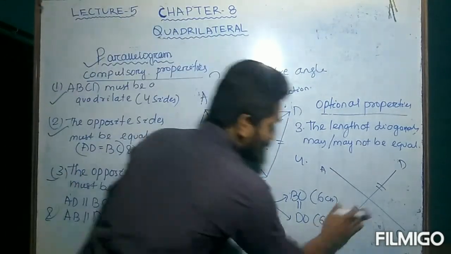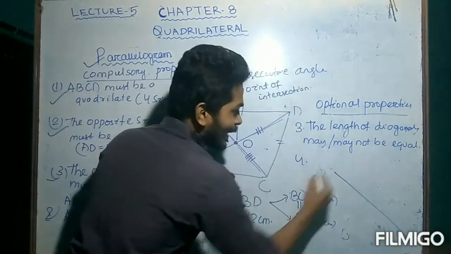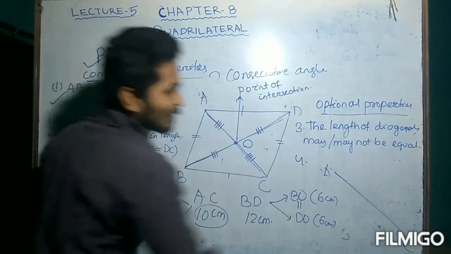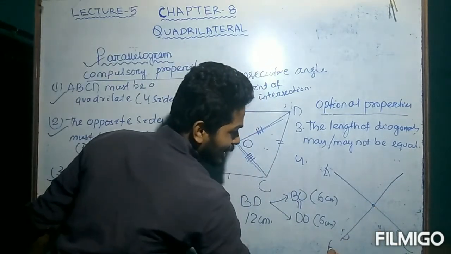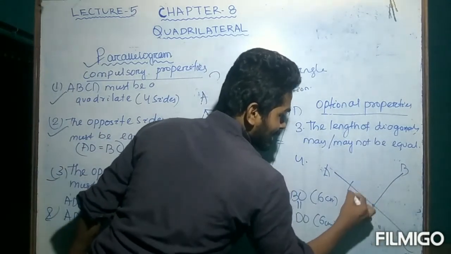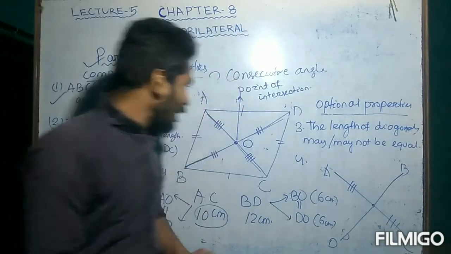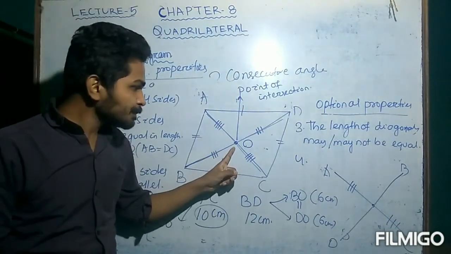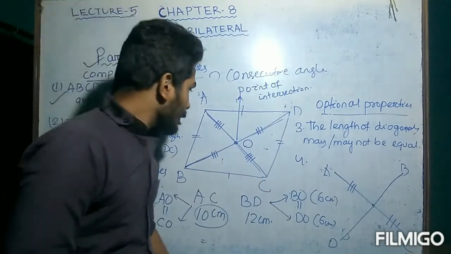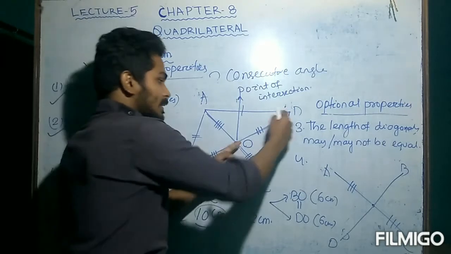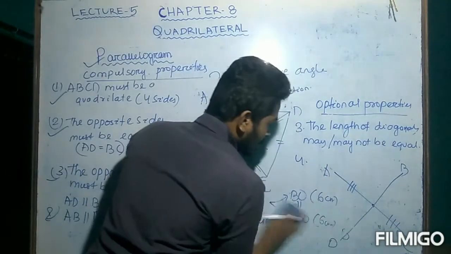Similarly, at the point of intersection, the other diagonal BD bisects AC. So finally we have learned that at the point of intersection, the two diagonals bisect each other. It means this half is equal to this half and this half is equal to this half. You can write it down.